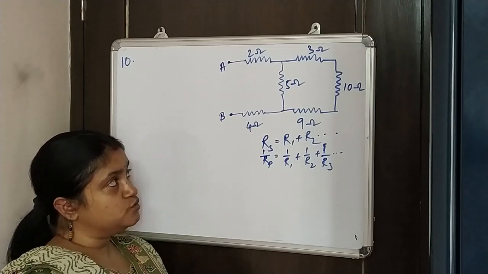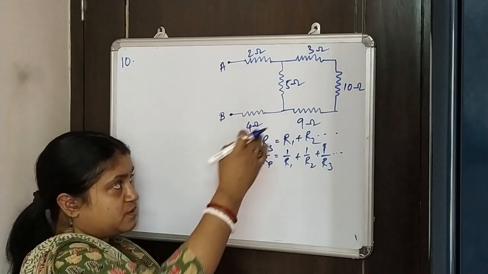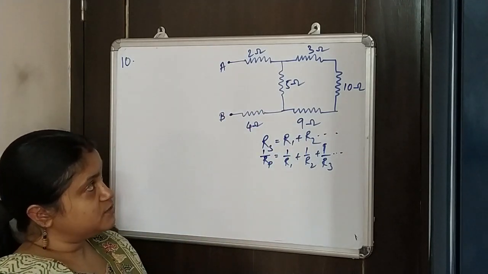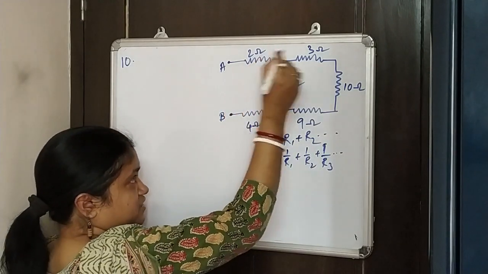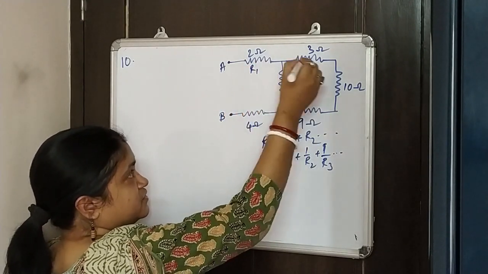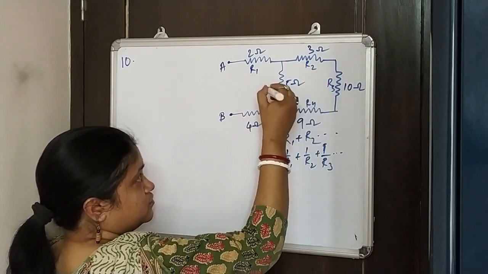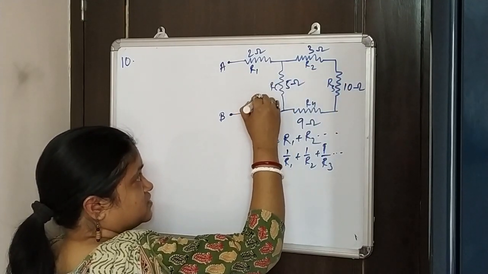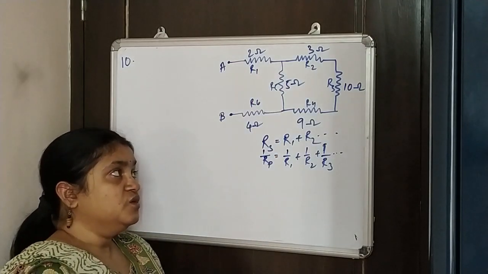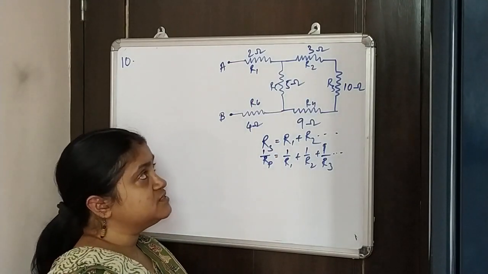Now when we have to analyze the circuit, suppose we are just naming first, this is R1, this is R2, R3, R4, R5, R6. So how we are going to solve this circuit?